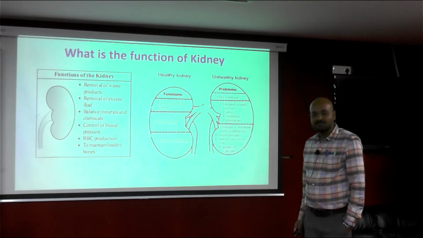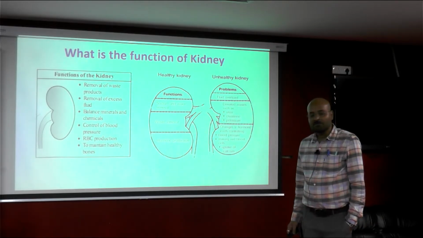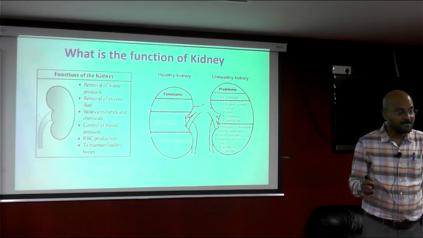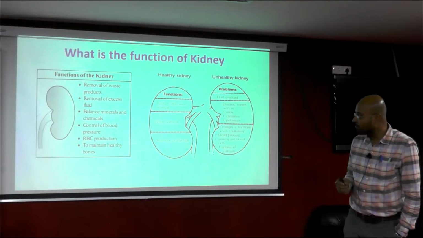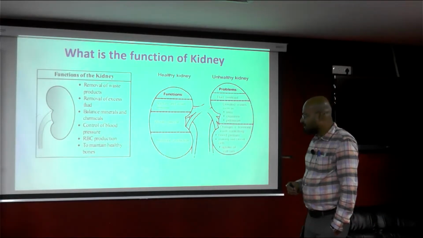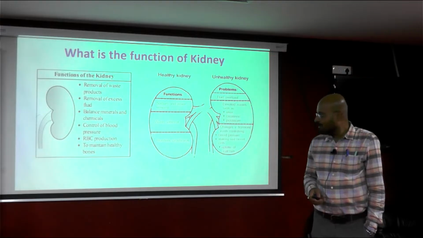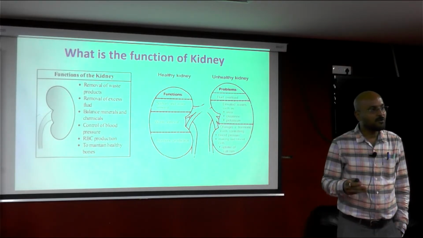Balance of minerals and chemicals inside our body. Control of blood pressure. Blood pressure is very important when it is related to kidney diseases. So the kidney plays a key role in determining blood pressure, and it enhances RBC production. And to maintain healthy bones, the kidney must function properly.